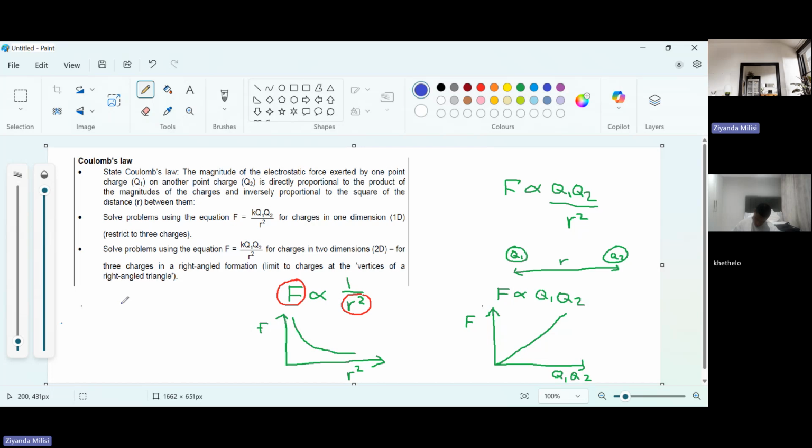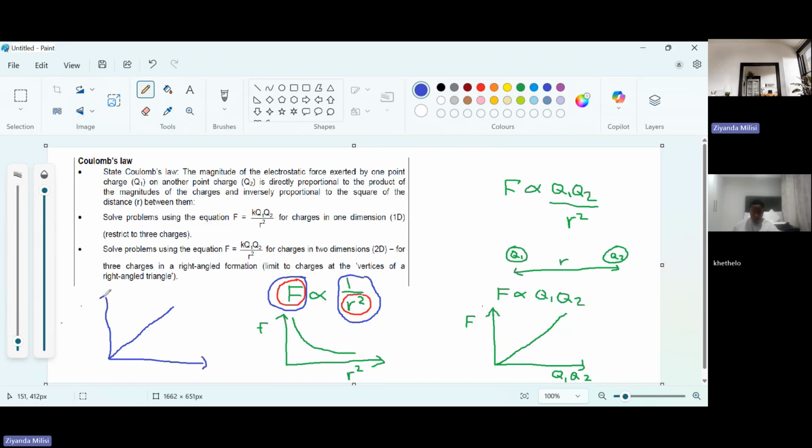How? Look at what we can do to change this form. We look at 1 over r squared holistically, which means we look at the relationship between F and 1 over r squared.